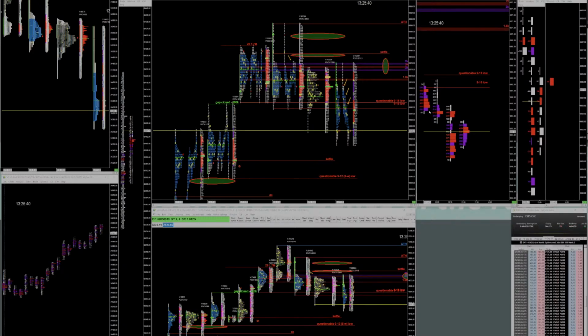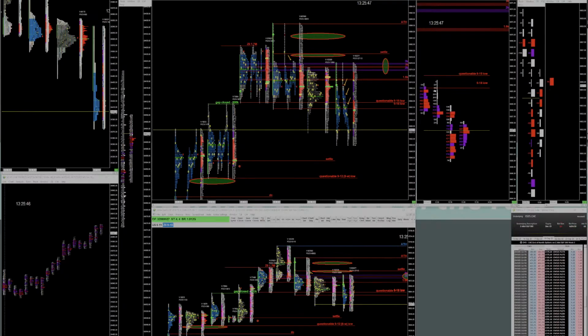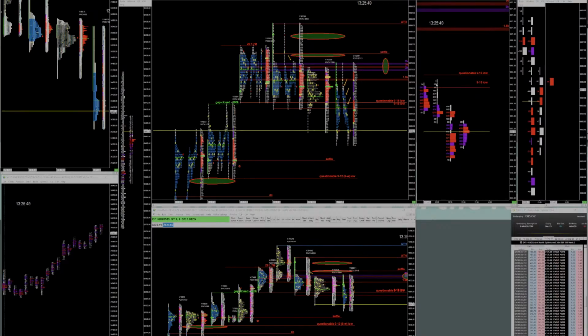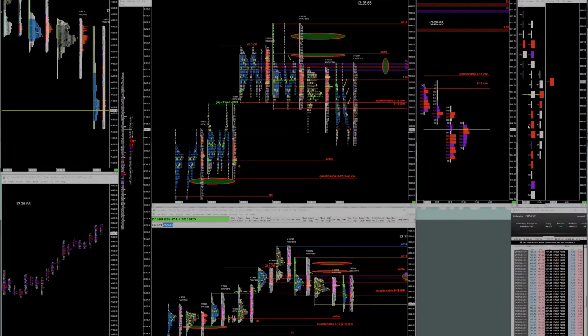That's when risk increases. Now, notice how this period goes higher, but I have a lot of whites here, a lot of whites going lower. I don't like that.